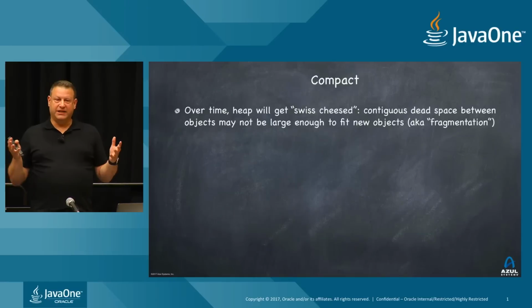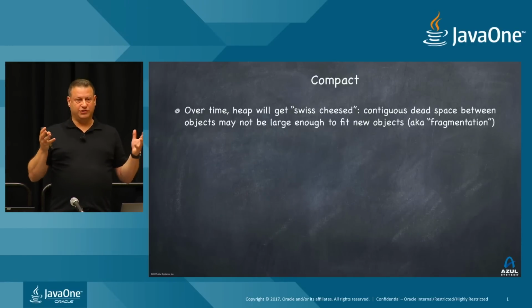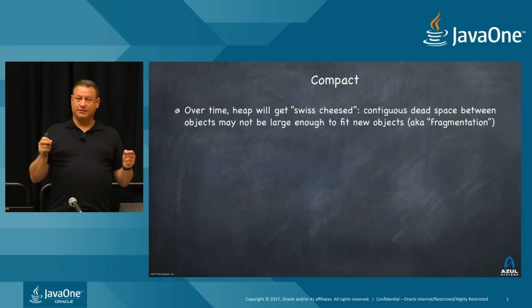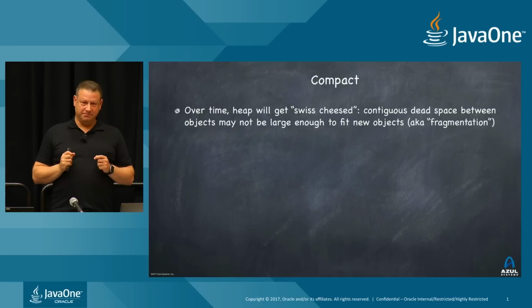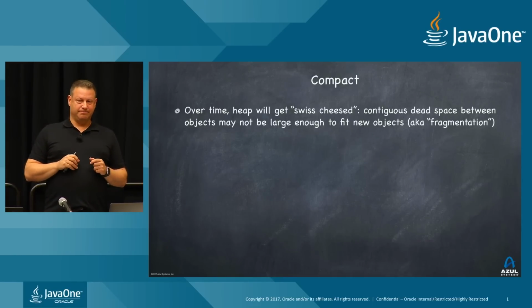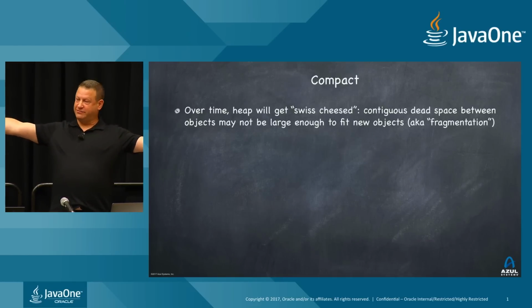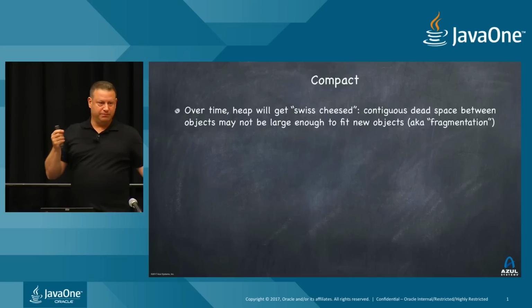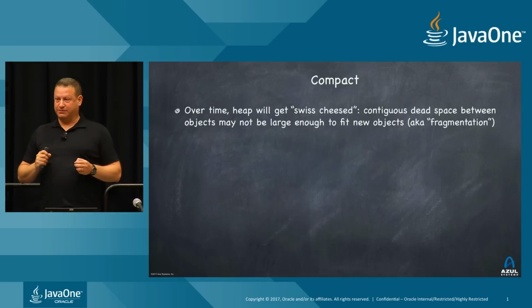The reason you compact is because if you don't, over time your heap will get Swiss cheesed. You'll end up with holes everywhere. And even though the heap is 90% empty, you have no place to put your 11 kilobyte string, because the biggest hole is 9 kilobytes. There's 100 gigabytes of free memory, but no hole big enough for your 11 kilobyte string. And that would be very embarrassing if we threw an out-of-memory exception at that point. Right?